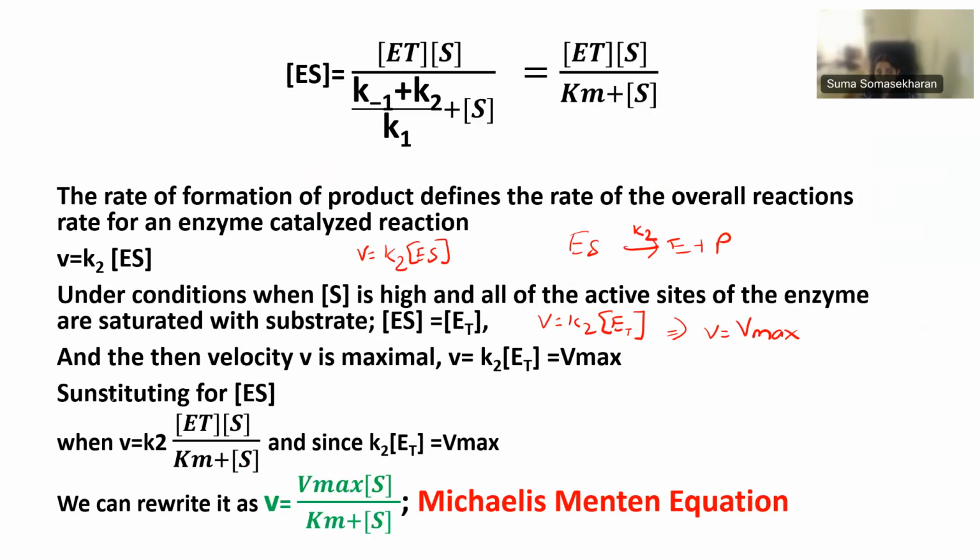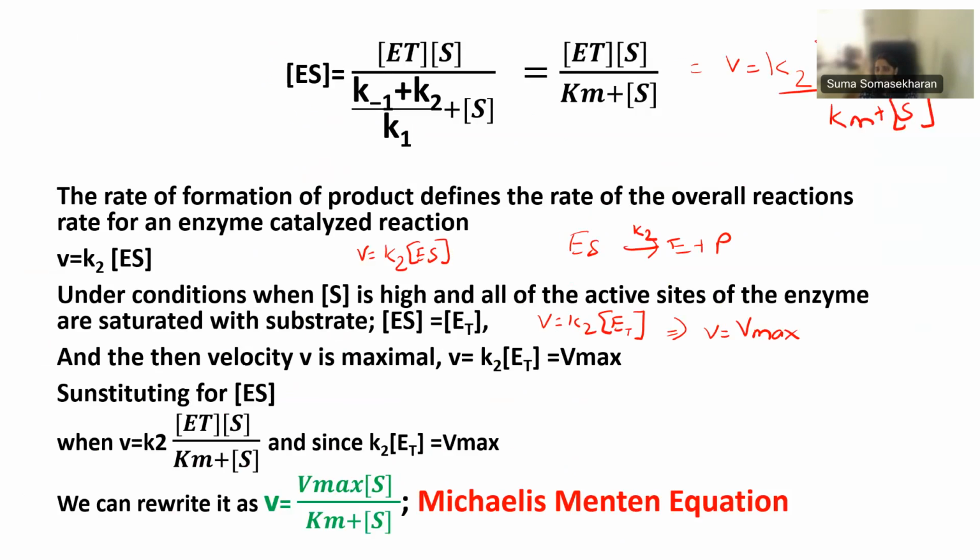So in that case, we can substitute for ES, and we can rewrite this equation as velocity is equal to K2 into ET multiplied by substrate concentration divided by Km plus substrate concentration.